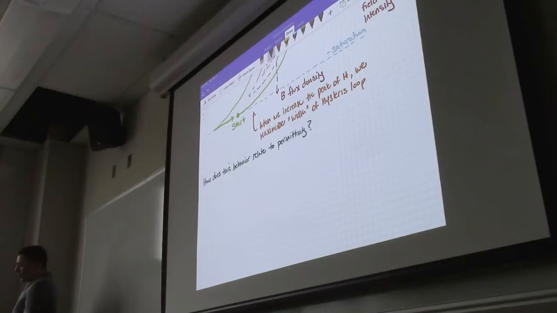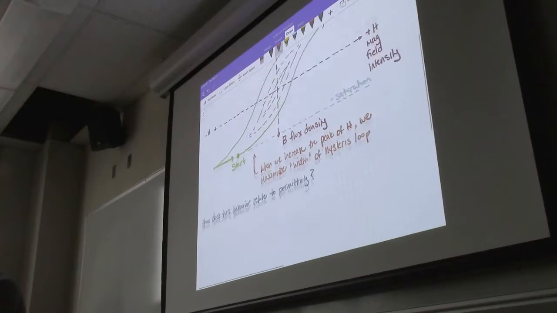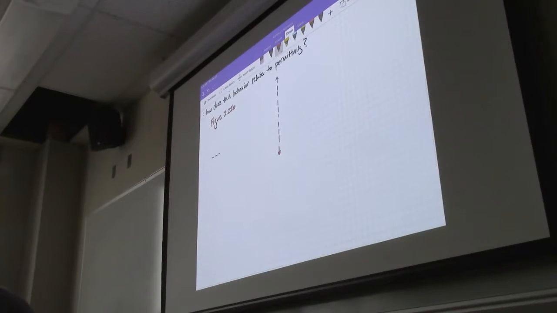Okay, so I'll draw a mini version of the graph we have above. This is figure 2.22b from the text. Again, with the y-axis being the flux density and the x-axis being the magnetic field intensity.